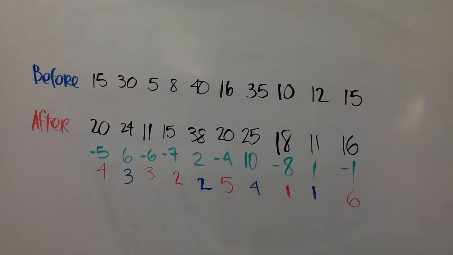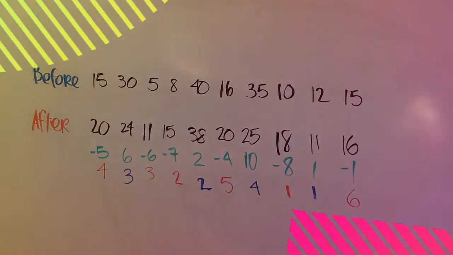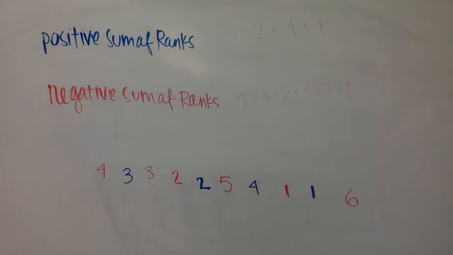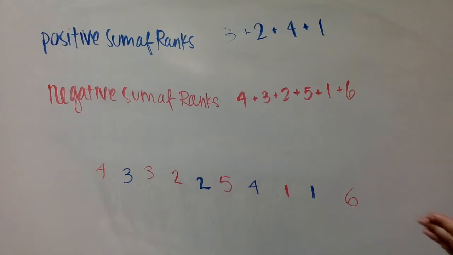The next step is adding up the ranks. So we're going to have a separate adding for each one. So keep your negative sets together and your positive ranks together in order to go to the next step of the Wilcoxon test. Now let's add them together. I simply took the numbers at the bottom that we have already ranked and put them in their corresponding sum of ranks, the positives and the negatives.